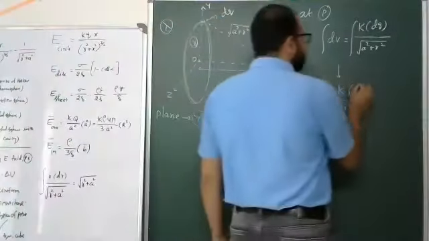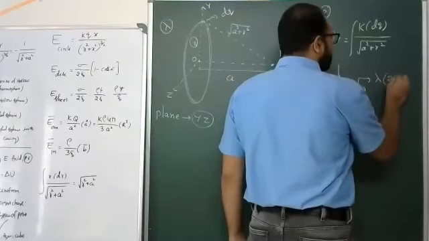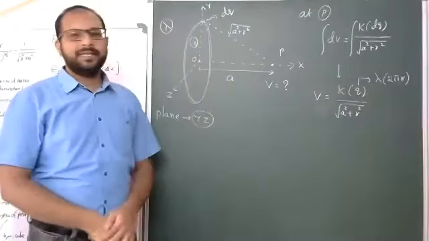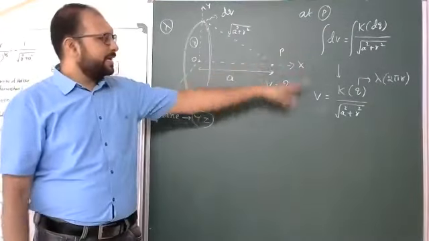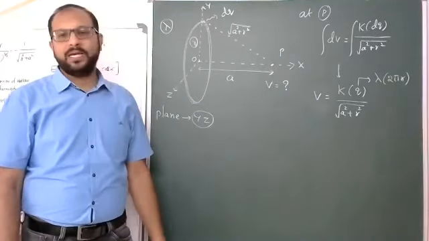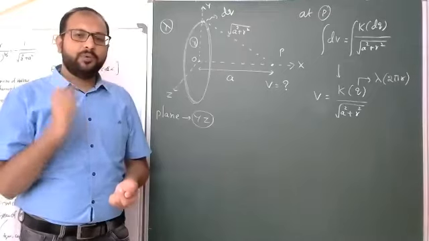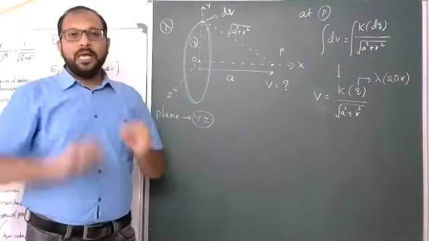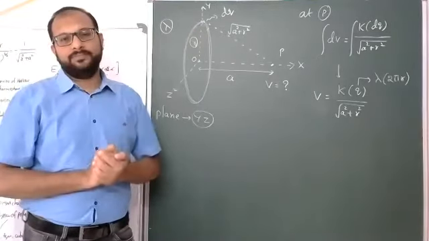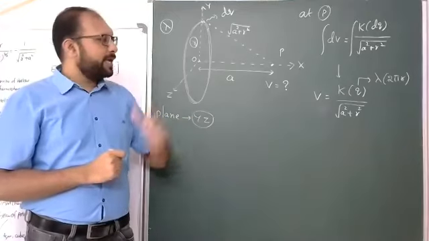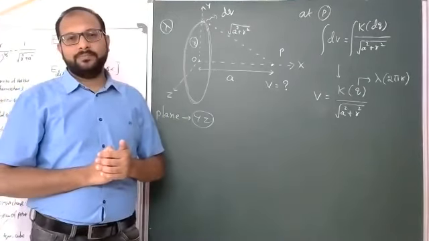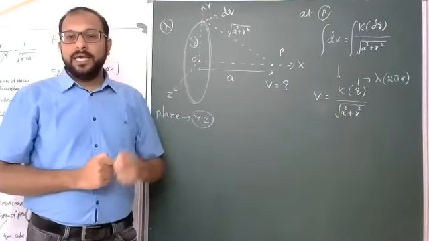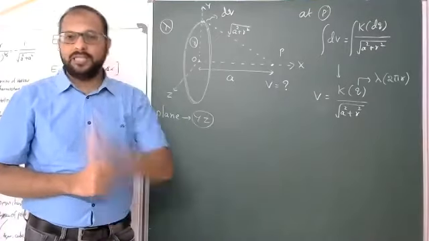Later you can write, students, q equal to lambda into 2 pi r. Suppose q is not given, you can write like that. Suppose q is given, directly kq by root over a square plus r square. And students, here one more important point. If this ring is uniformly charged, potential is kq by root over a square plus r square. And not only uniformly charged, even non-uniformly charged also.